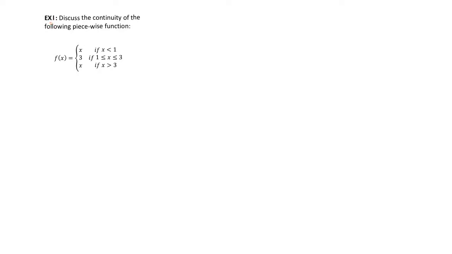Let's look at example 1. It is asking us to discuss the continuity of the following piecewise function. I'm hoping that by now you know what a piecewise function is. I remember doing this with some of my students in pre-calculus 11. Practically what is happening is that for different parts of the domain, we are utilizing different functions.